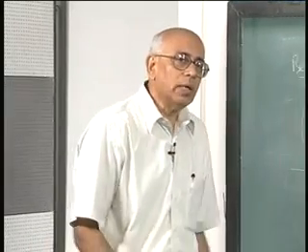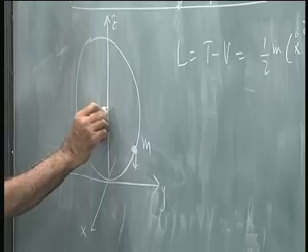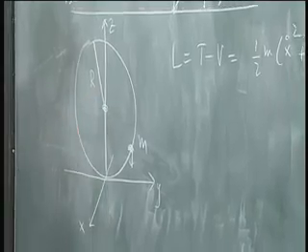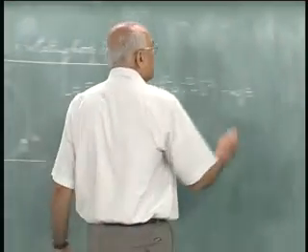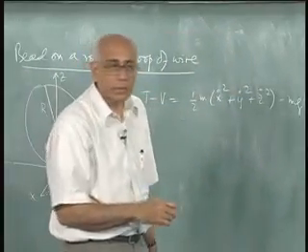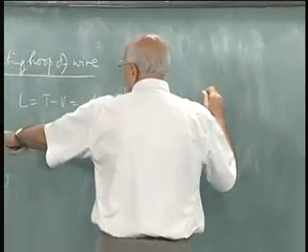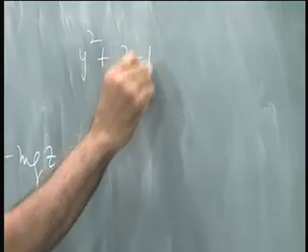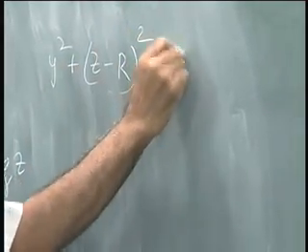So we need to know the equation of this hoop, which has a radius r. It is a circle in the yz plane, and the circle center is at y equal to 0, z equal to r, so it is y squared plus (z minus r) whole squared equal to r squared.